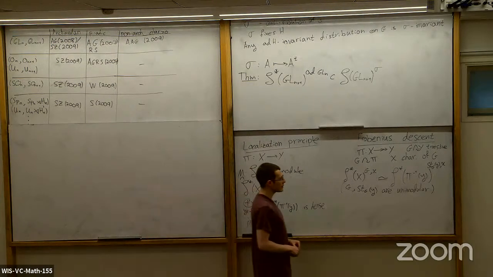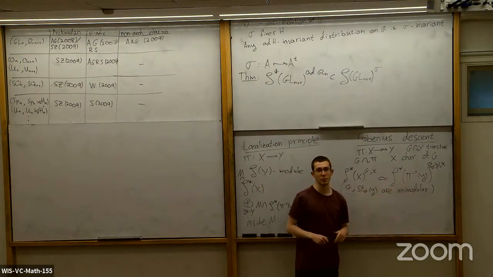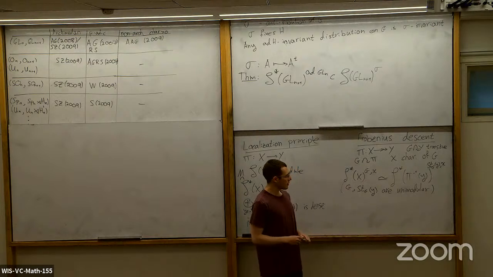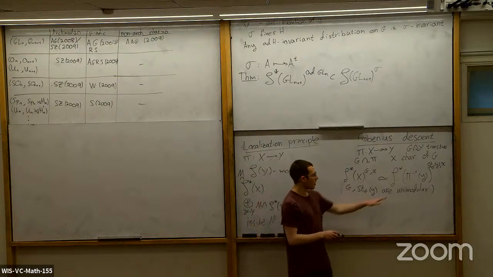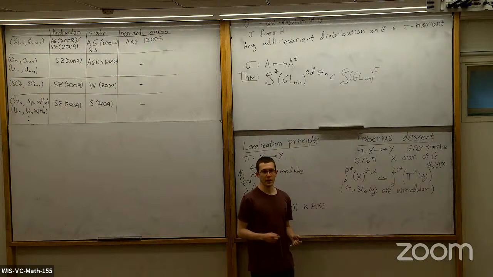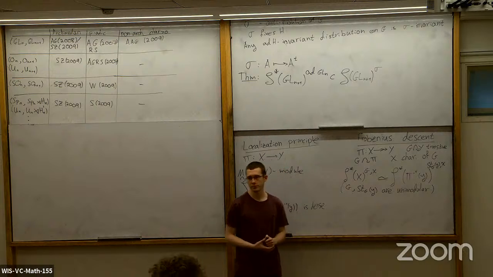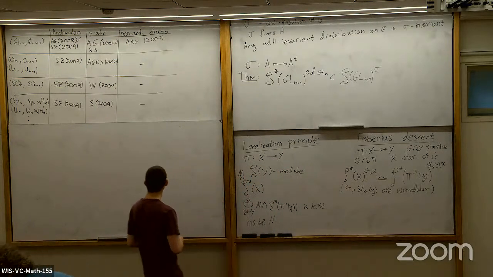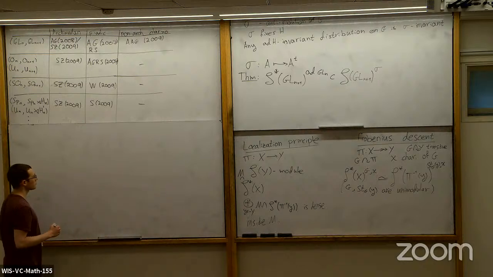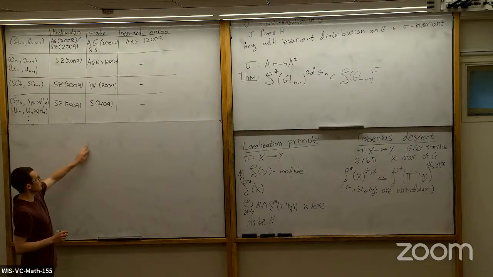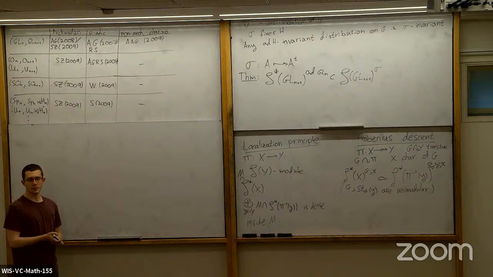Yes, exactly. It's distributions on a single fiber. So basically, the arrow from the right to the left is given by induction. Okay, G is a transitive action. That's why. Okay, I see. Yes. Thank you.